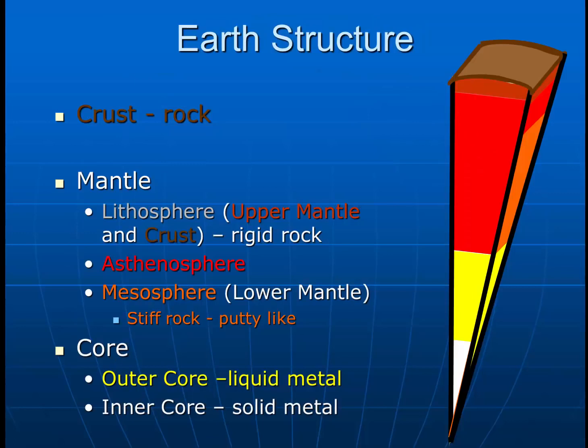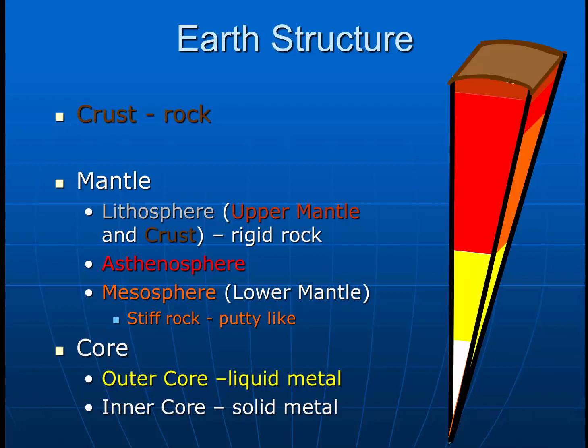In terms of their composition, the crust is made out of rocky material. The upper mantle and crust, the lithosphere, is made out of rigid rock that progressively gets hotter. The asthenosphere is a putty-like, thick, semi-liquid material, as is the mesosphere.